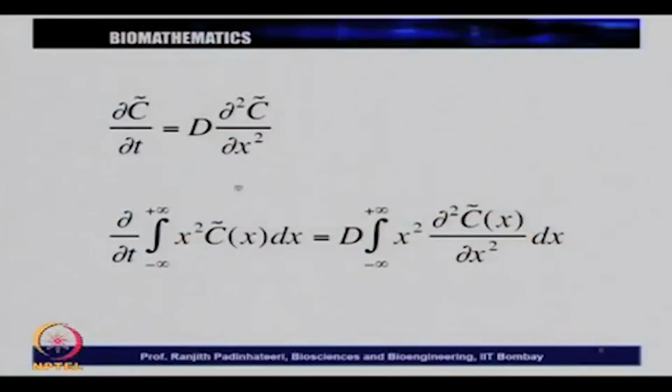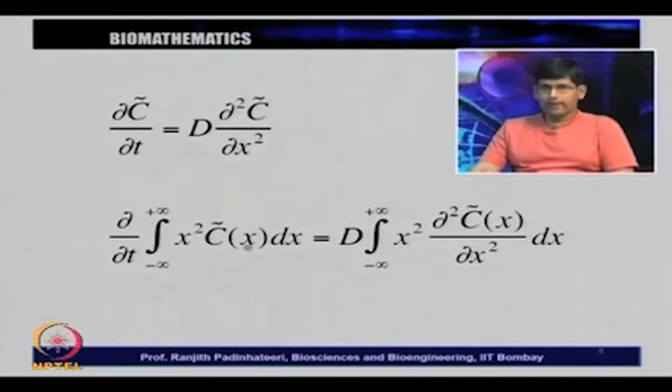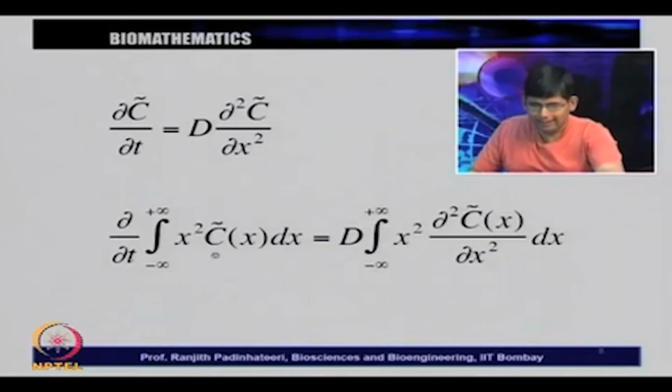So, what did I do? I had this equation, I multiplied both sides with x square and I integrated with dx. This is what I did. Okay. So, let us write it down once more to be clear.